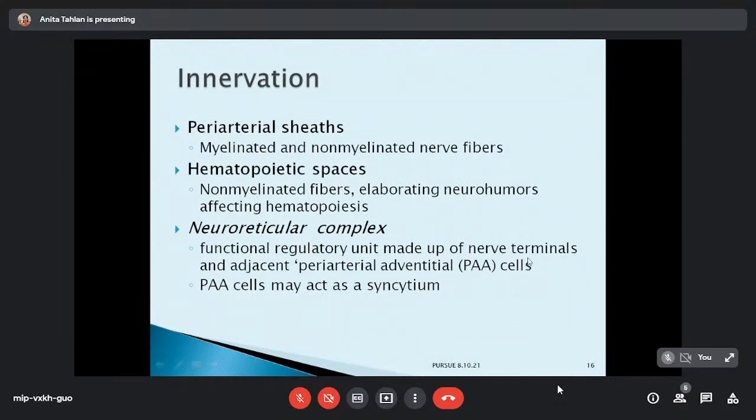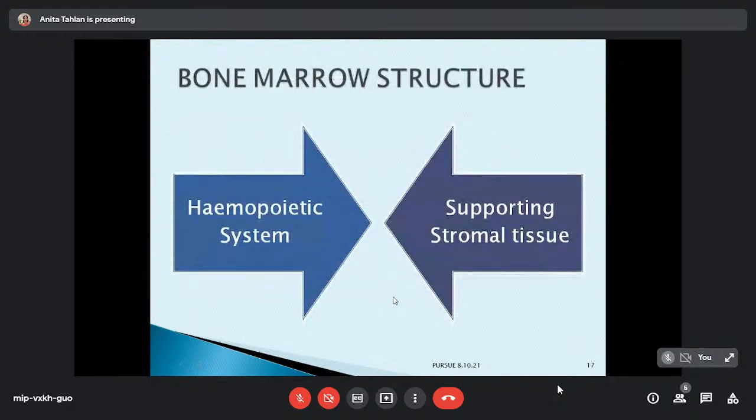There are nerve terminals which are adjacent to the periarteriolar adventitial cells. Now, periarterial adventitial cells themselves make a syncytium. So once they make a syncytium, even if there are small nerve fibers, the signal gets amplified and the job is done. So this was in brief about the bone's vascular and neural components.